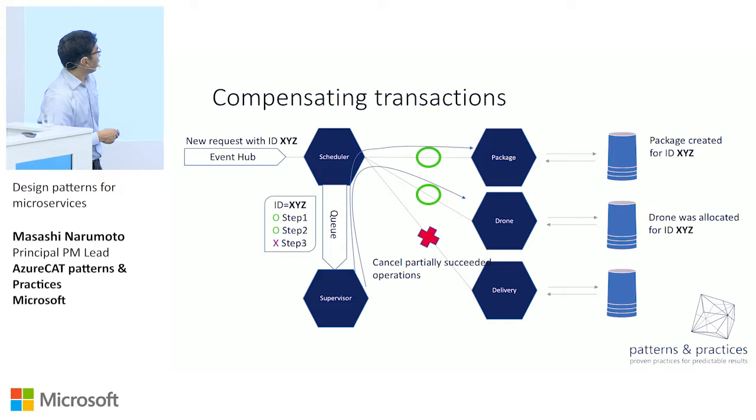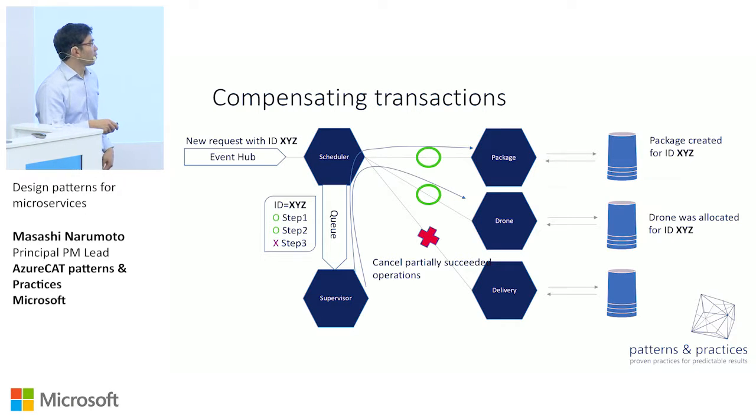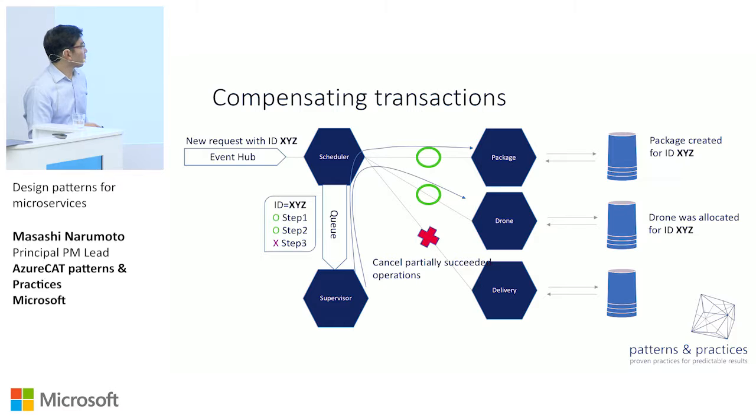So we need to cancel the requests already made to these services. Hey, I know you already created this package with this ID, XYZ, cancel it. I know you already allocated a drone for delivery ID XYZ, cancel it. Instead of maintaining the consistency at the database level, we make the system consistent without making the database consistent. This is how a compensating transaction works.